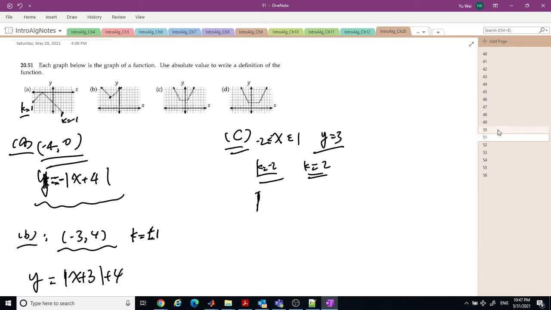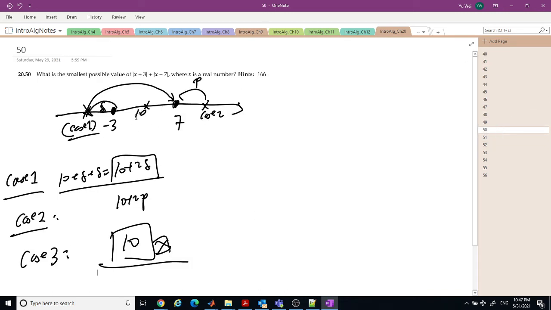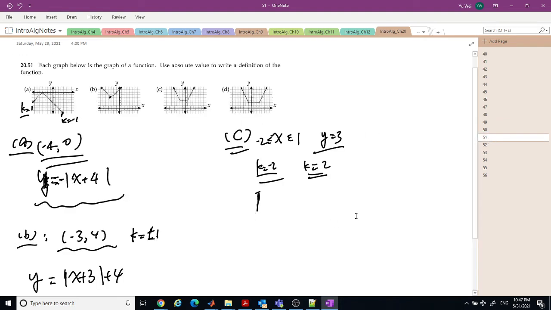So you can see in this one, if you remember, between 3 and 7 they are constant. Now once you see the constant, it must mean it is x plus 2 and x minus 3, x minus 1, right? And you add them together, then it causes a constant, right?